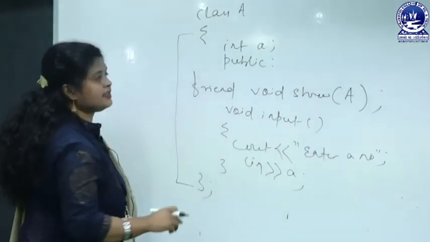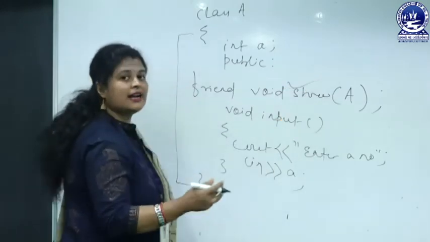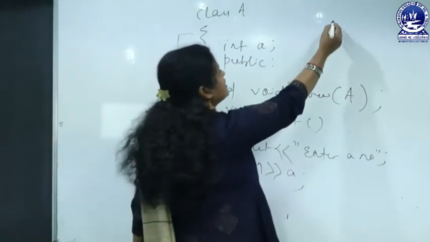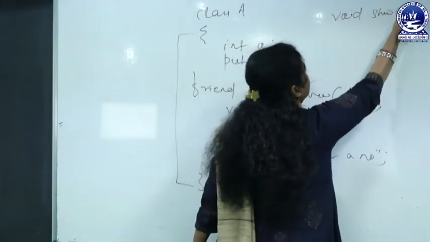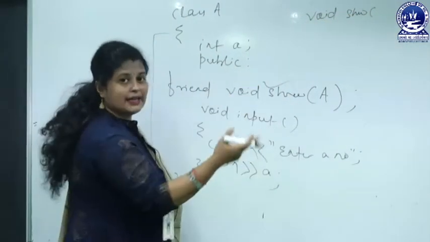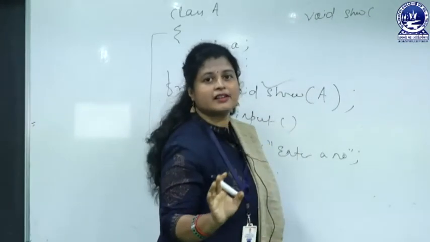After writing that, we need to define the sow function outside of the class. Suppose here I am writing the sow method. When you are defining the sow function, the friend keyword is not required.